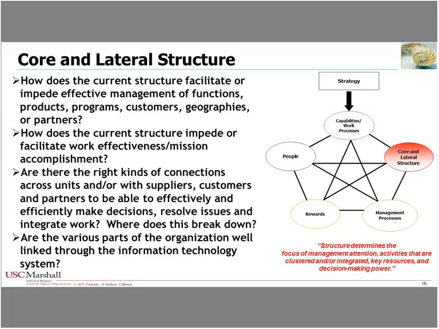And so you have to really think about and design those lateral structures with a lot of intention, because as obvious as they might be, a lot of times they don't get designed intentionally. And so we'll spend a lot of time thinking about how to intentionally set up those coordinated processes so that the different parts of the organization are working well together. That'll be a big chunk of the day that we spend on Wednesday, thinking about these different core structures and lateral mechanisms and how we put them together. Okay?